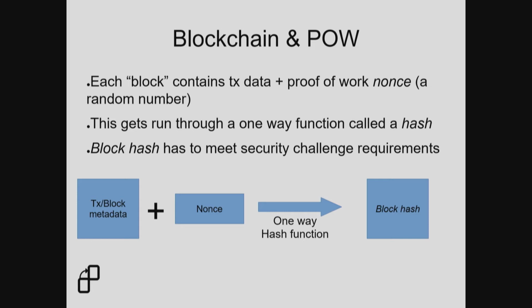So when you hash something, you get this value, and there is no way to go backwards to what the original data was without essentially guessing a bunch of times. So this is part of the proof of work algorithm. The block header data and the nonce get run through this one-way cryptographic hash, and this final hash that we get has to meet certain requirements as part of the security challenge.